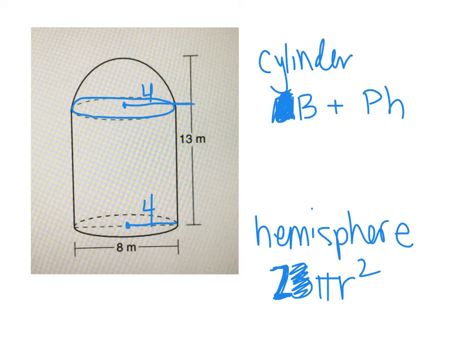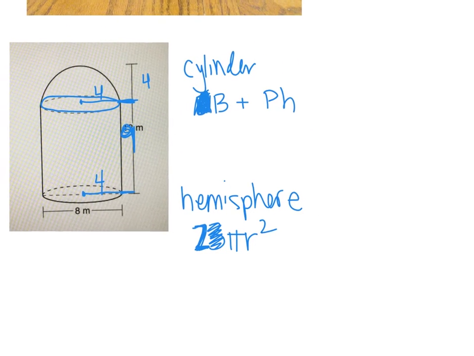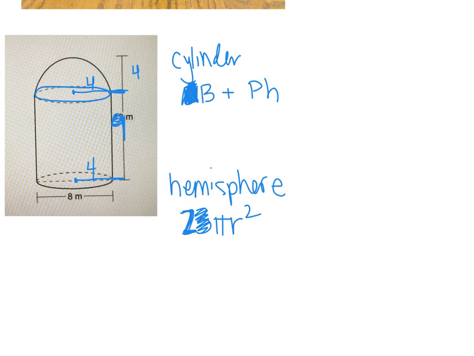But the height here is going to be 9, and we can use this 9. The whole entire thing is 13. This much is 4, so the height of your cylinder has to be 9. So you can use some brain power there, and then the calculations look like this.